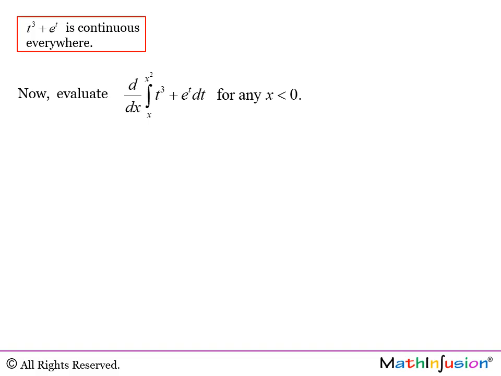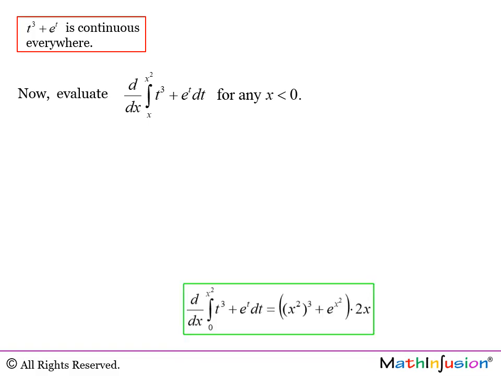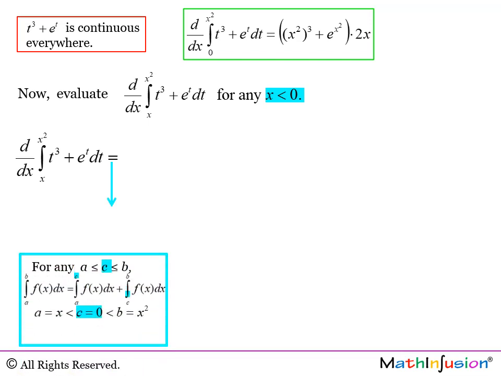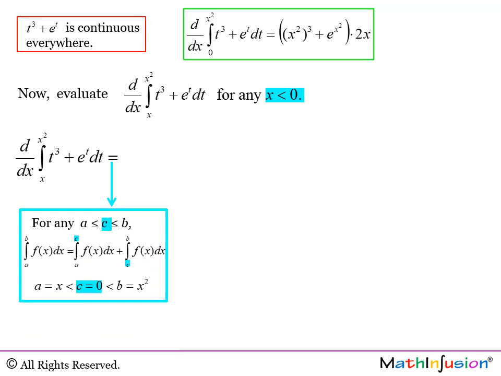Now we would like to evaluate this. I would like to recall that the integrand is continuous everywhere. And also, this is going to be very useful now. We know that we can split integrals like this. If c is between a and b, then the integral between a and b equals the integral between a and c plus the integral between c and b.